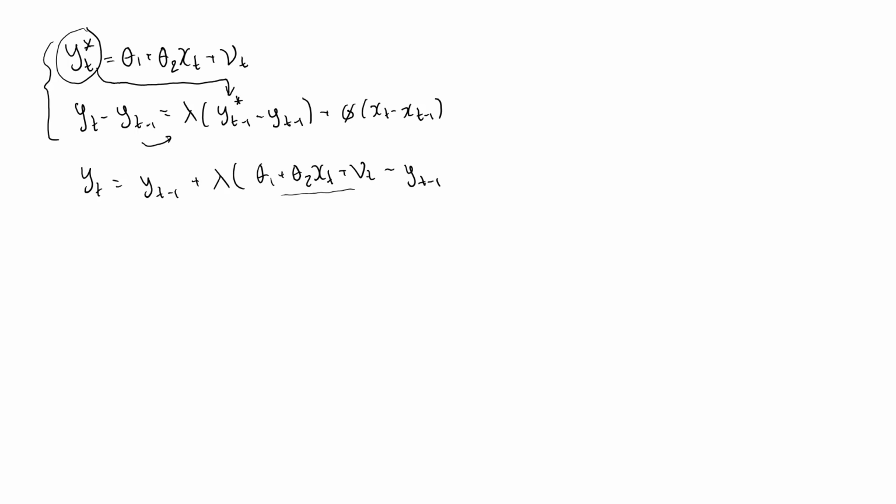Take that minus the actual value in the previous period plus phi xt minus 1.